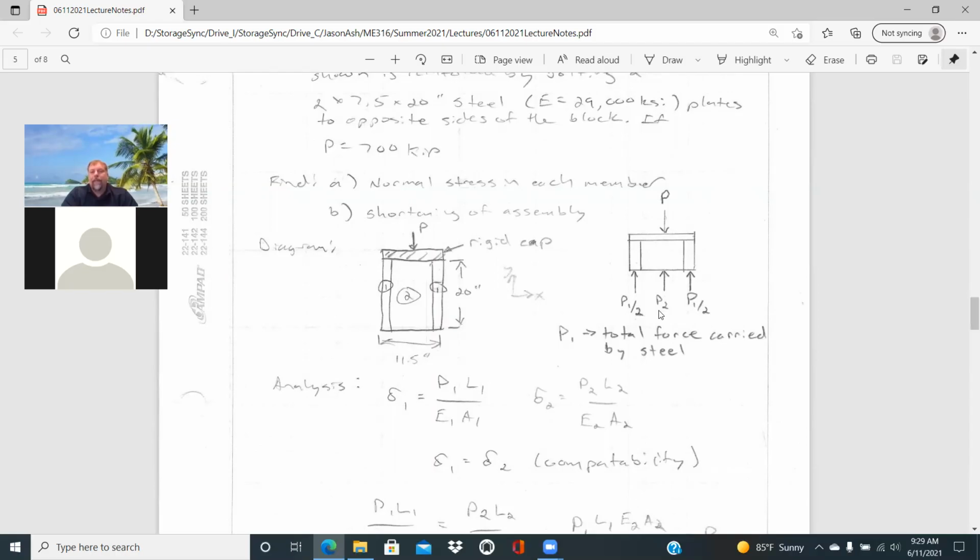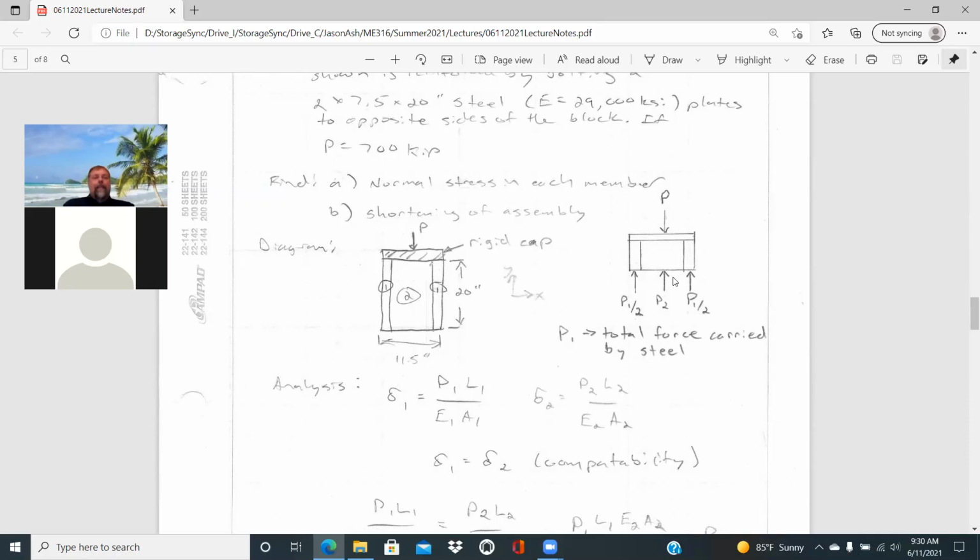And so instead of having to worry about signs, I just drew the free body diagram so that the arrows are facing in for each one of those sections, making that assumption that the members are going to be in compression based on the loading. What that does for you is it really takes the sign issue out of your analysis, and you don't have to keep track of the sign.